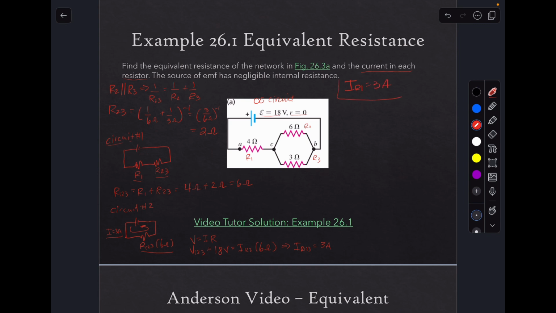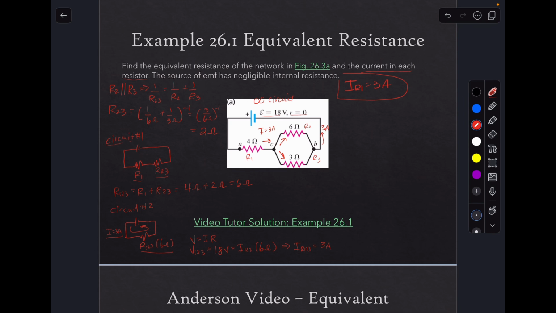So we have one answer. Now it's time to figure out the current through R2 and R3. What we know is that the current entering this junction C is 3 amps, and the current leaving junction B is 3 amps. So this 3 amps is going to be split up between R2 and R3. A portion of the 3 amps is going to flow through R2, and a portion is going to flow through R3.